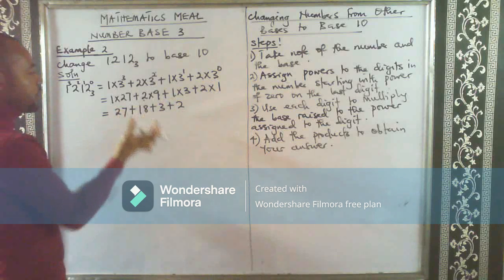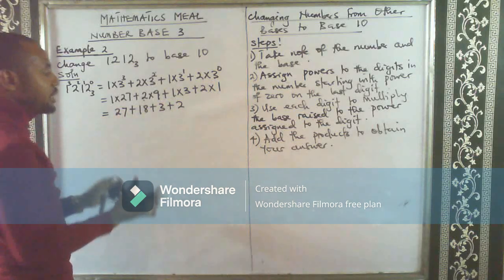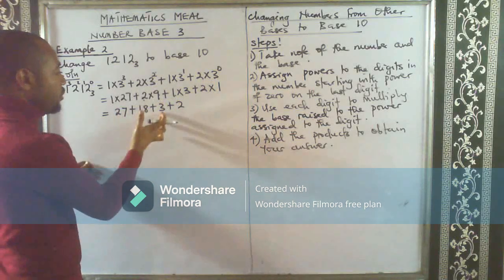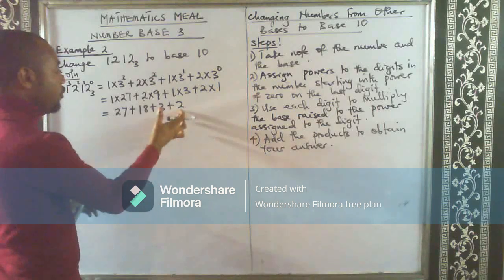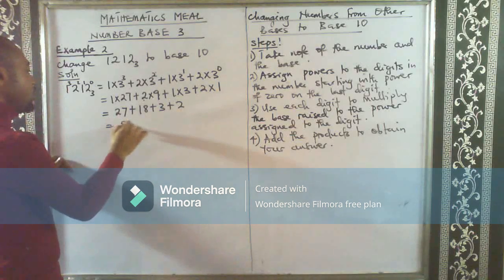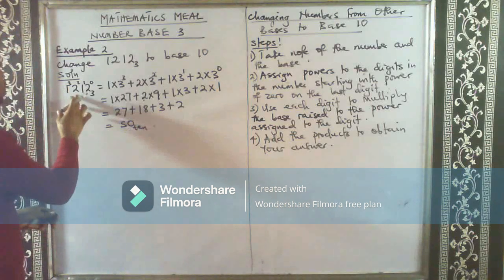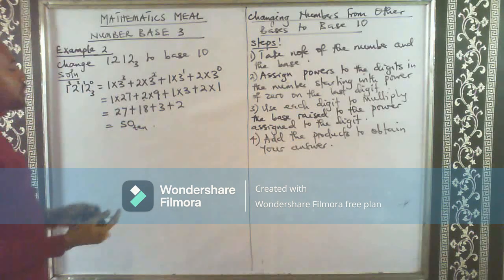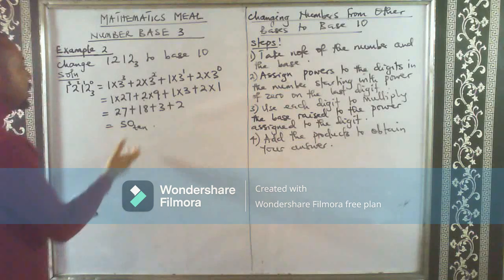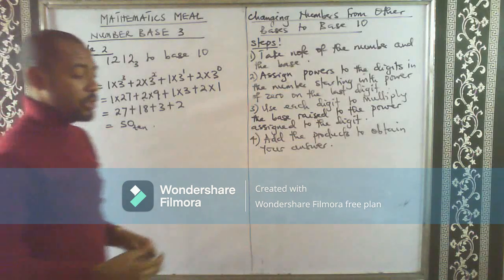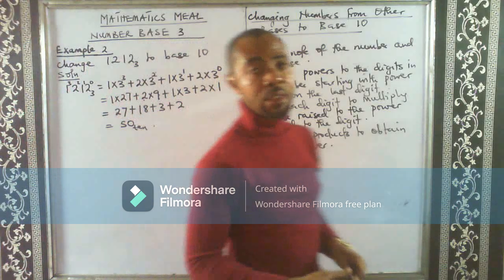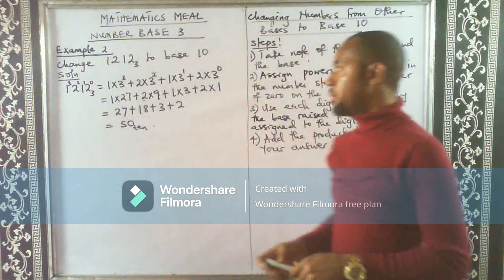So 27 plus 18 is 45. 45 plus 3 is 48, and 48 plus 2 will give us 50. So 1212 in base 3, when you change it to base 10, you are going to have 50. That's quite simple. Very simple.